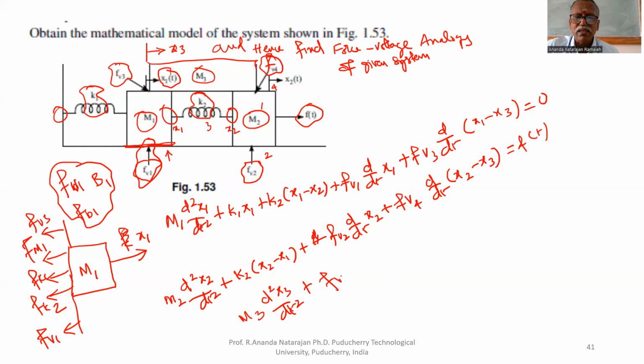So Fv3 d upon dt of (x3 minus x1) plus Fv4 (x3 minus x2) equal to 0. No applied force. Only 3 reaction forces.